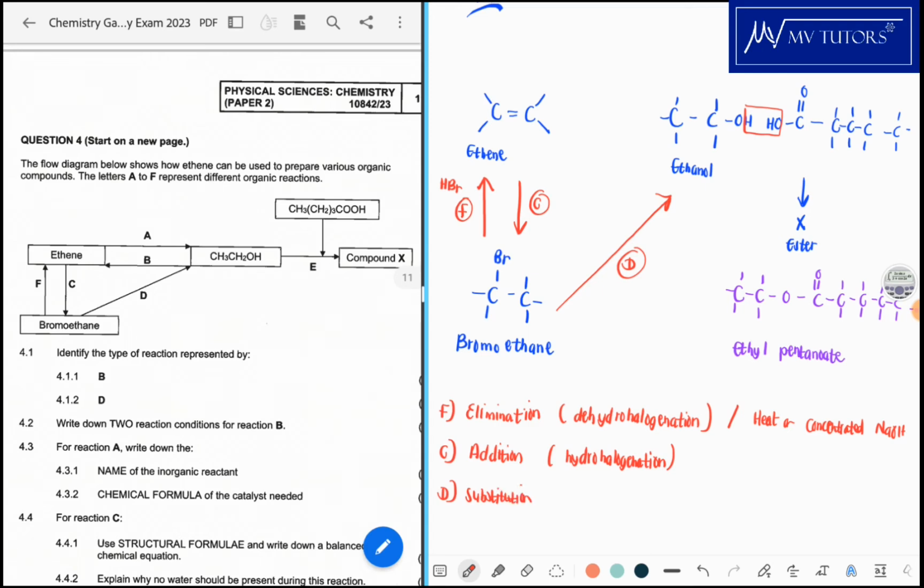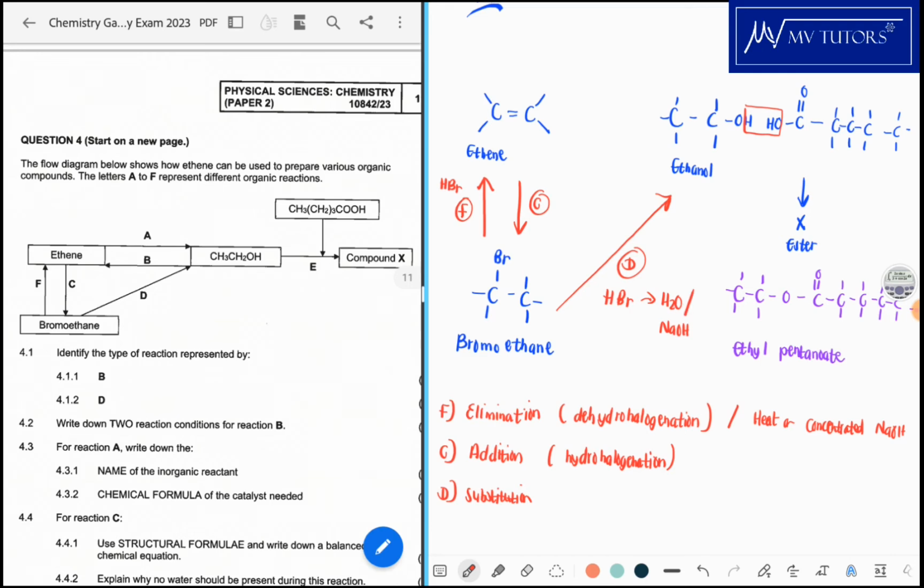And what kind of a substitution reaction? All right, I'm glad you asked. Well, basically, we are substituting our hydrogen bromide with water. Okay, either we do it with water, or we do it with sodium hydroxide.